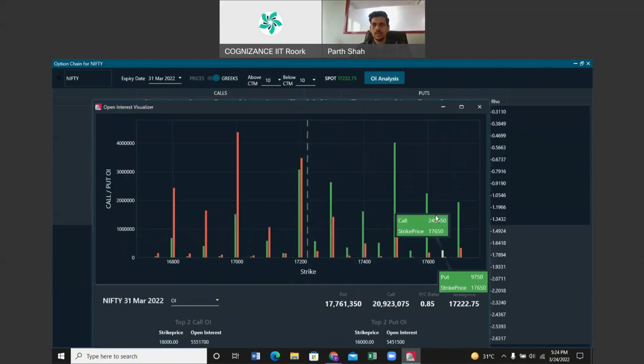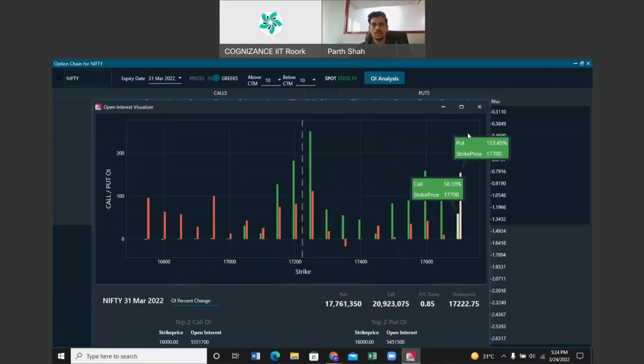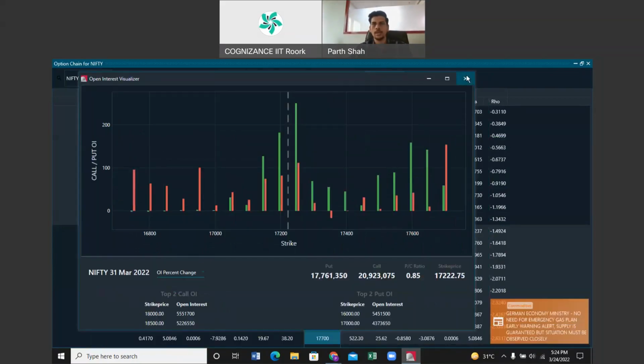So you can see where is the highest open interest in the market, so that you can trade on the same. So you know which particular strike price is traded the most. That is one thing. Then you have OI change and OI percentage change chart. So this can be a visualizer where you can see the multiple data points.